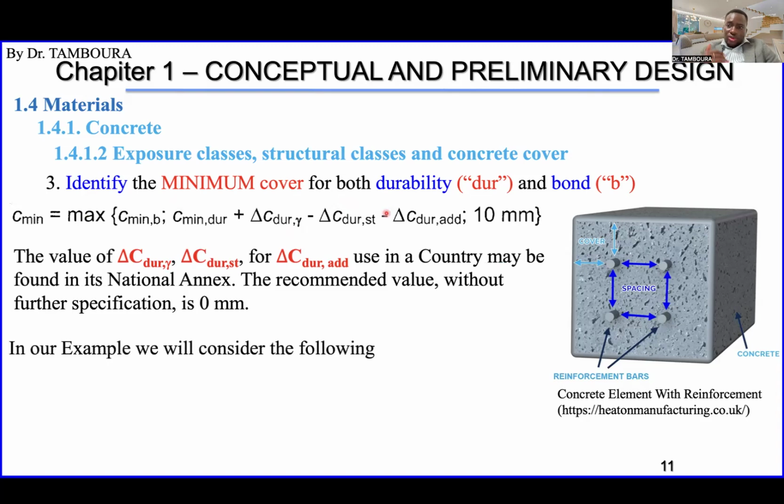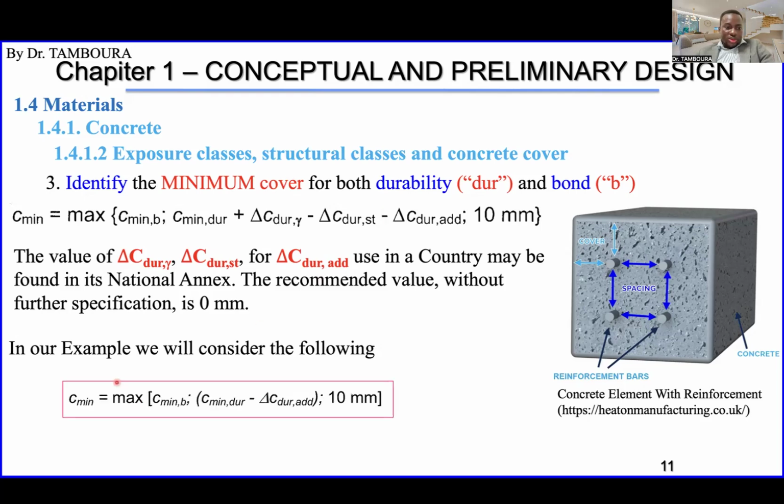In our example, don't forget that we are also doing one example step by step, trying to solve one example work project. So we will just consider reduce this equation to this one.